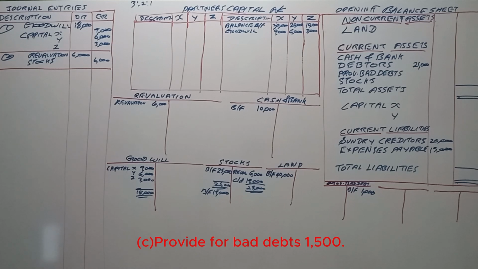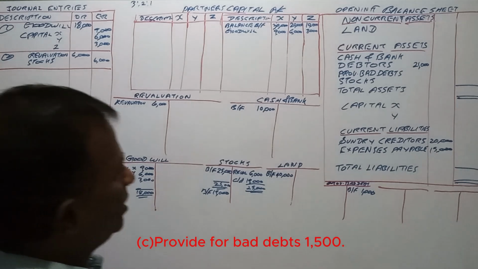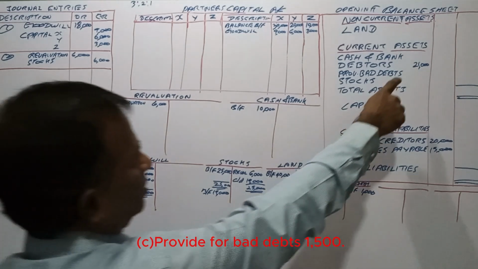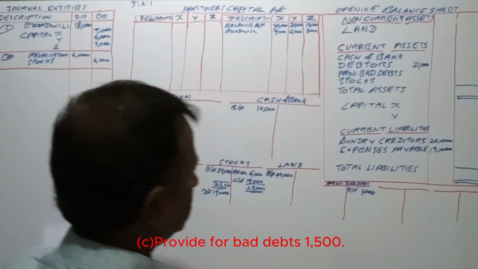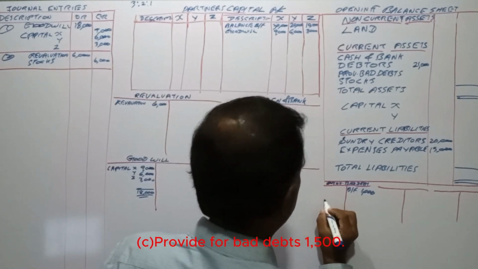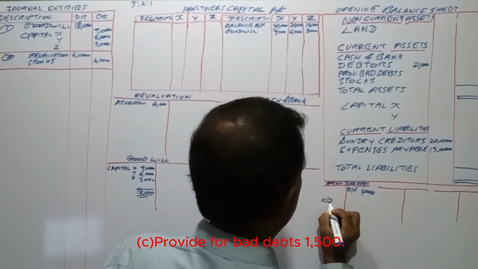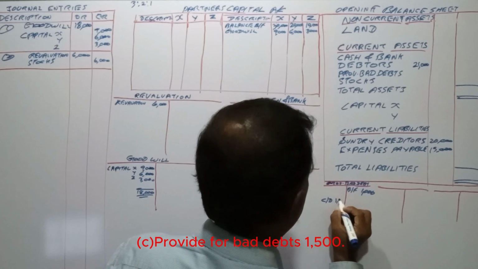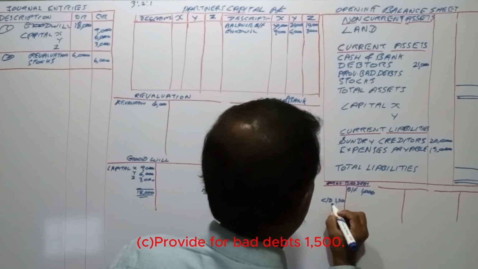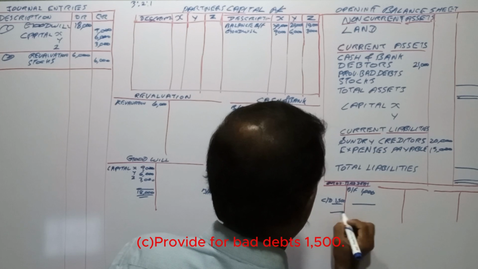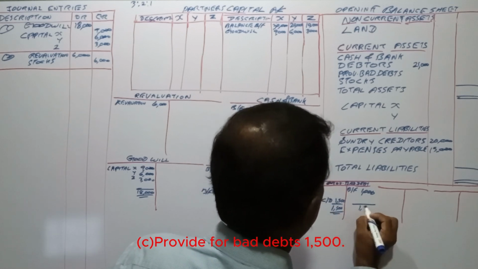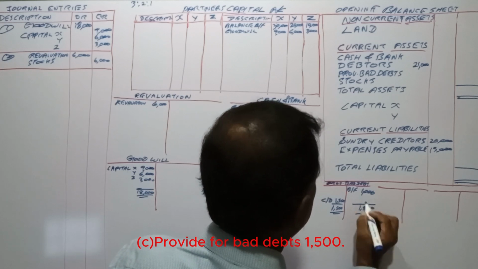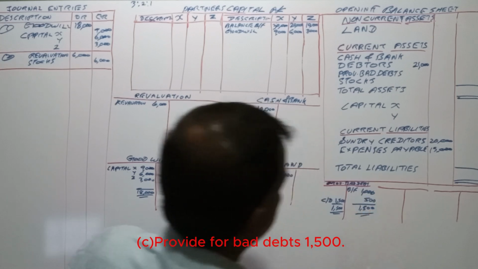And provide bad debts 1,500. The carried down value should be 1,500, while the opening balance of provision for bad debts is 1,000. So what is the difference? 500.